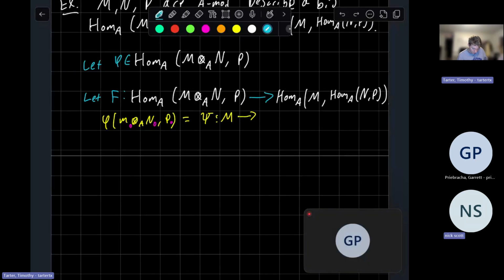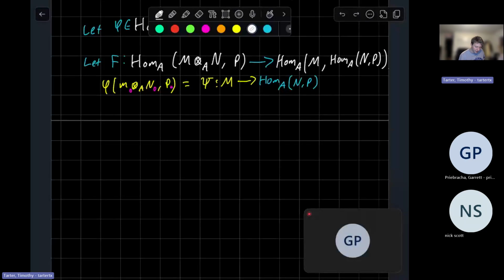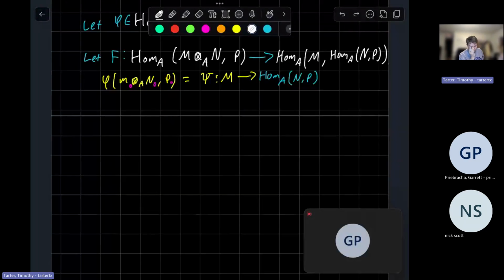Sorry, nor do I. Well, it has to go from M to something in like Hom N P, that's just weird. And in terms of a bijection, we need something that is surjective, so every such map gets hit.